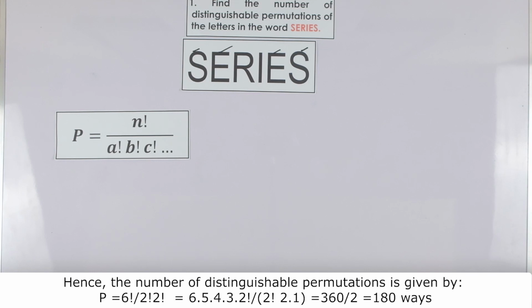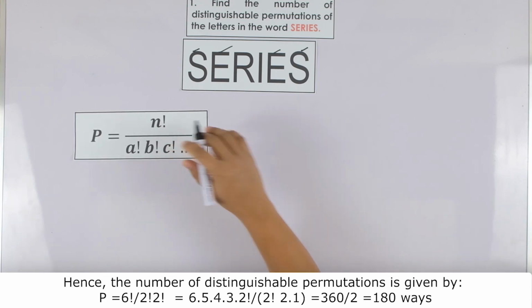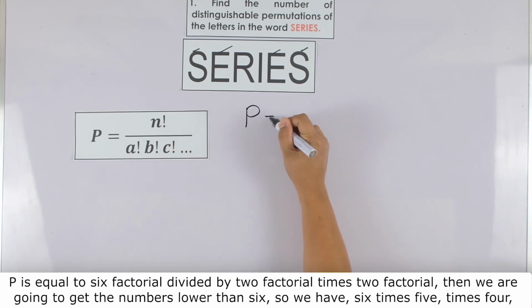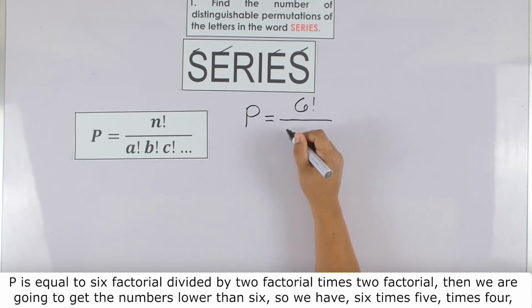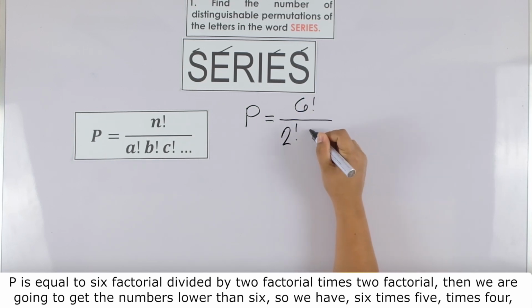Hence, the number of distinguishable permutations is given by P equals 6 factorial divided by 2 factorial times 2 factorial.